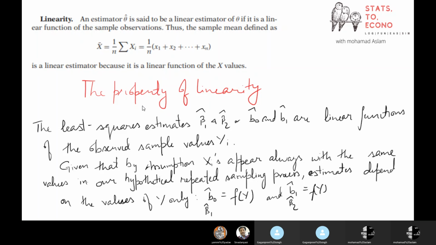Now we estimated beta 1 hat and beta 2 hat, or, if it's the matrix method, all the betas. Now we have to see whether these estimates are linear.